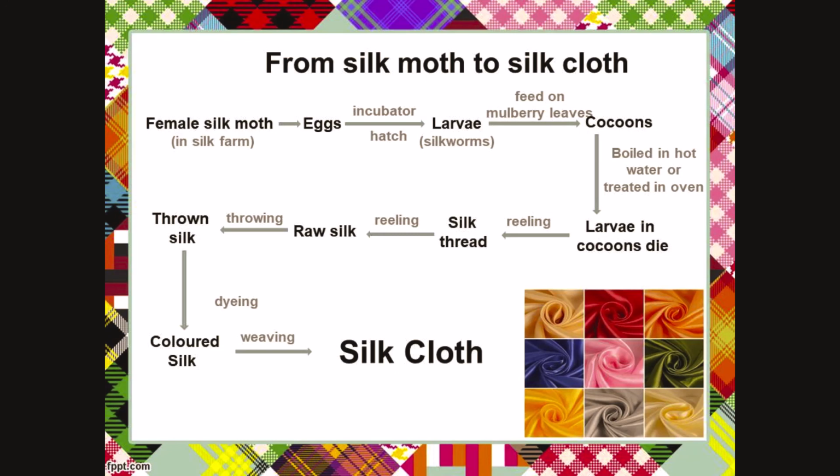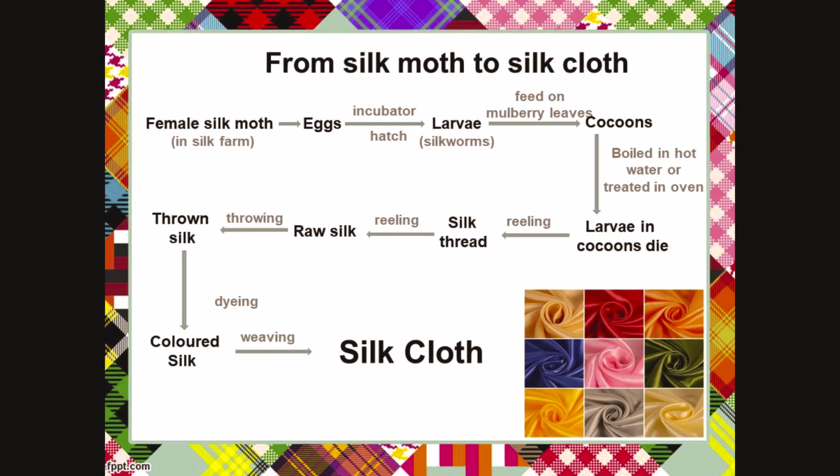Then after this we get raw silk, and then raw silk changes to thrown silk with the help of a process called throwing. In throwing, raw silk, meaning these silk fibers, are twisted into a stronger fiber, which is called thrown silk. And after this it is colored, and this is called dyeing.